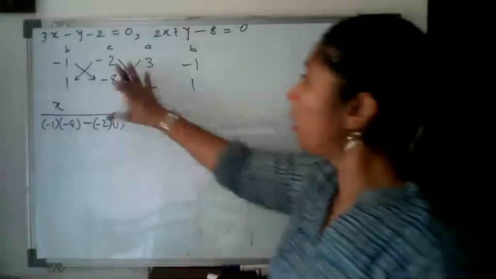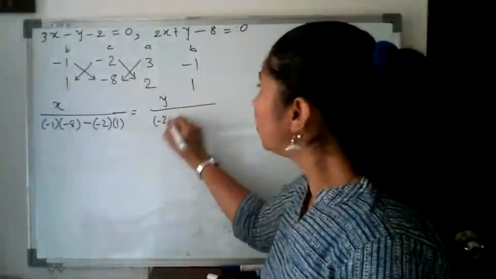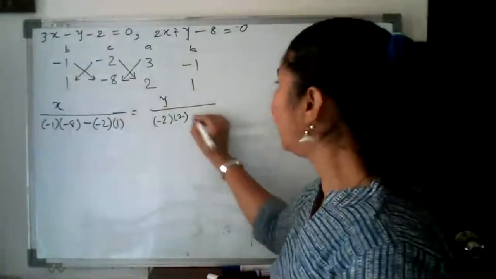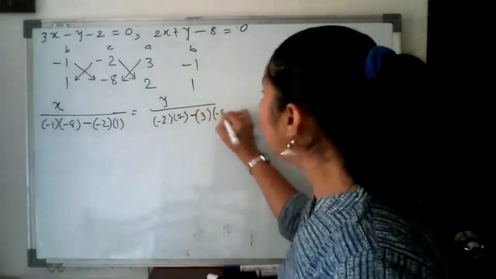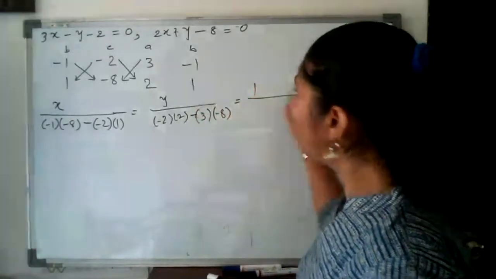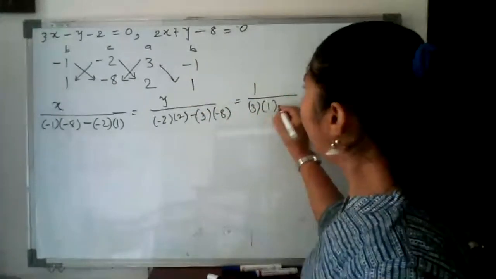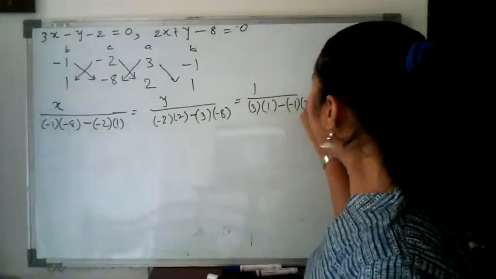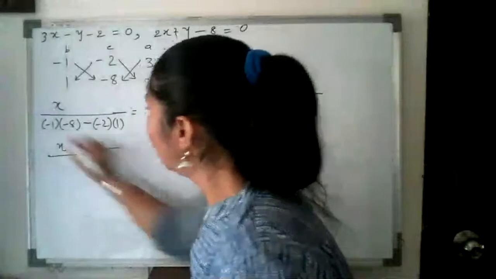Okay, so let's continue. Then the pattern again, I hope you are following it. So it is minus 2 into 2. Then right hand side 3 into minus 8 is equal to 1 upon, same here, 3 into 1 minus 1 into 2. When I follow this, I get x upon, what do you get?